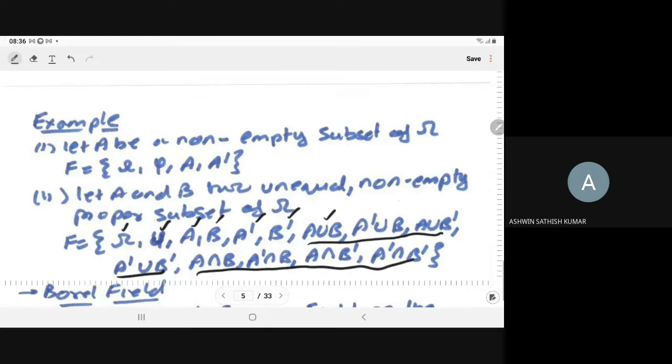That is countable union, countable intersection. Now if you take any two elements from the family, or any number of elements, not only two, their countable union, their countable intersection, and their complementation also belong to that family.